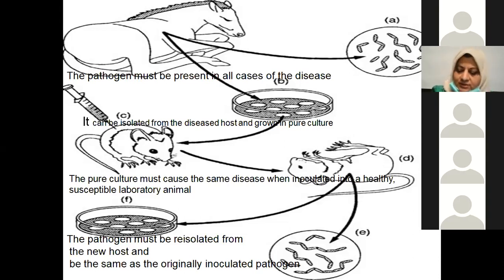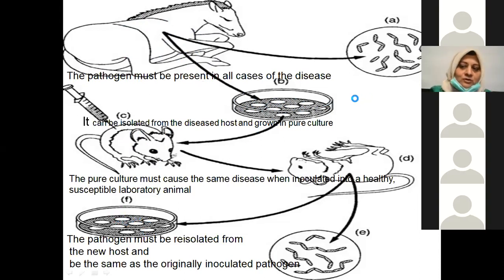So these Koch's postulates are still popular, and they state that the same type of microorganism should be isolated from each case of the same disease. And when we take the sample and culture it on artificial culture medium, and then inject it into a lab animal, the same microorganism would be isolated.